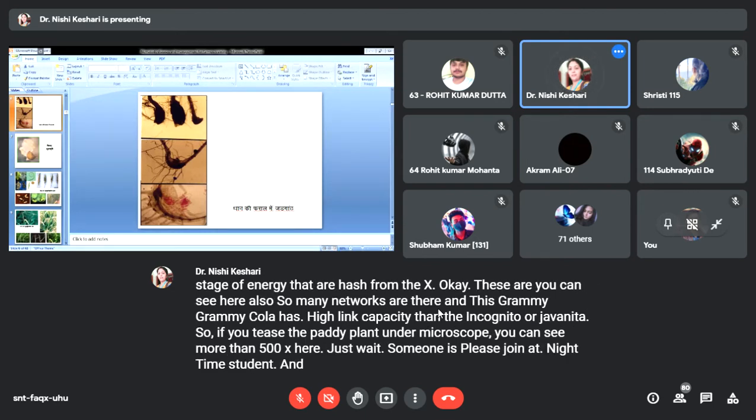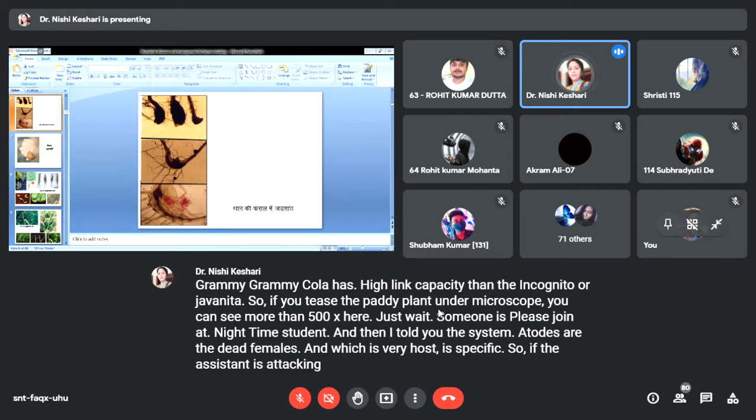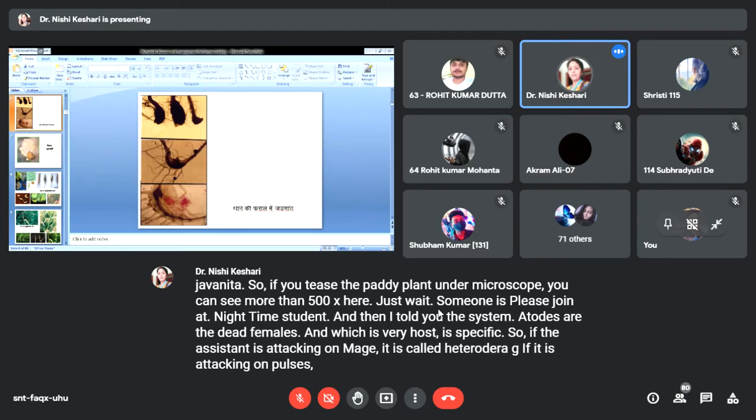Then I told you about the cyst nematode. Cyst nematodes are the dead females, and they are very host specific. If the cyst nematode is attacking maize, it is called Heterodera zeae. If it is attacking pulses, it is called Heterodera cajani.